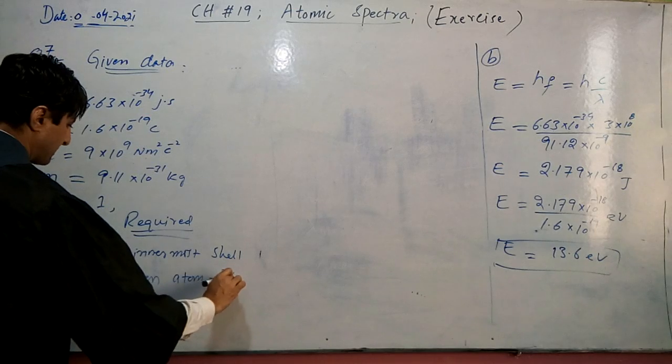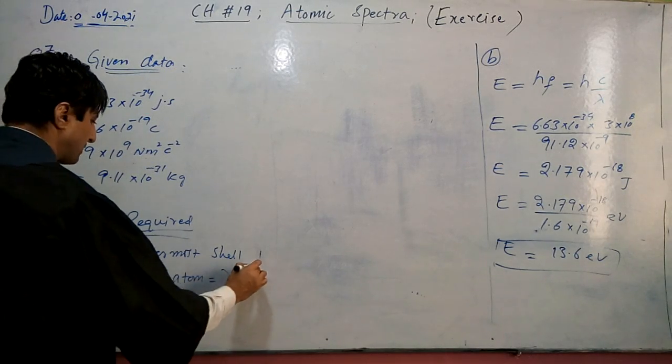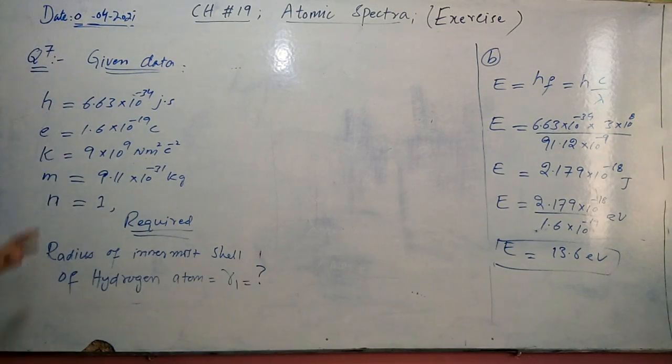This is represented by R1, and we have to calculate this R1. So dear student, you can see all these are constants except this n. For the innermost shell, n will be equal to 1, and we have to calculate the radius r1.